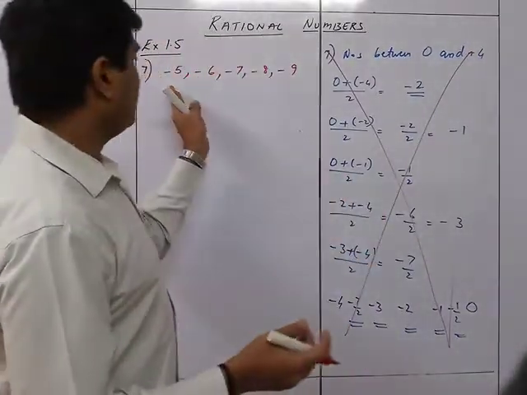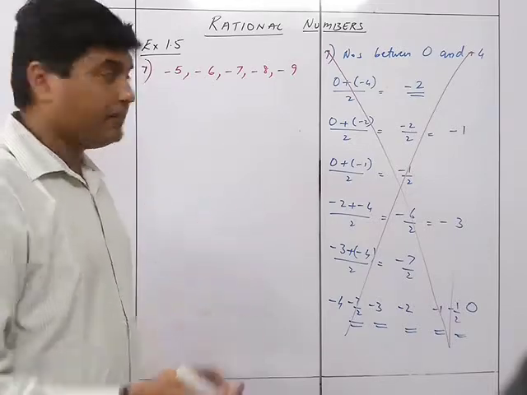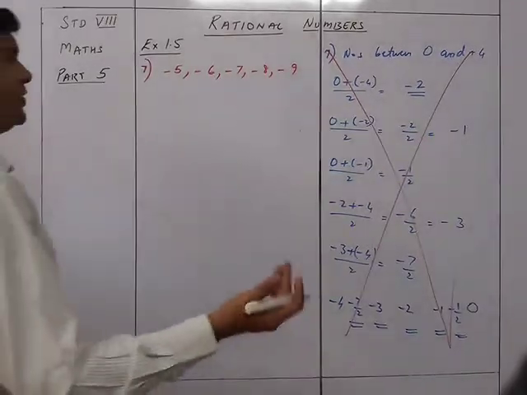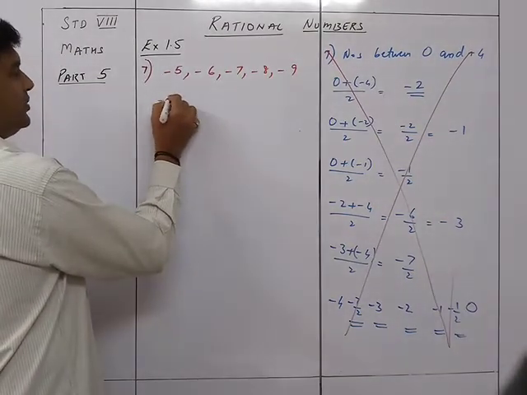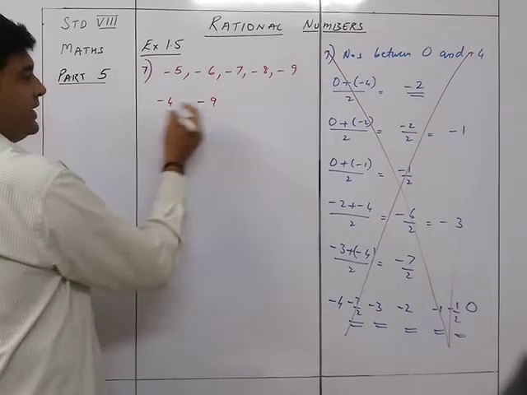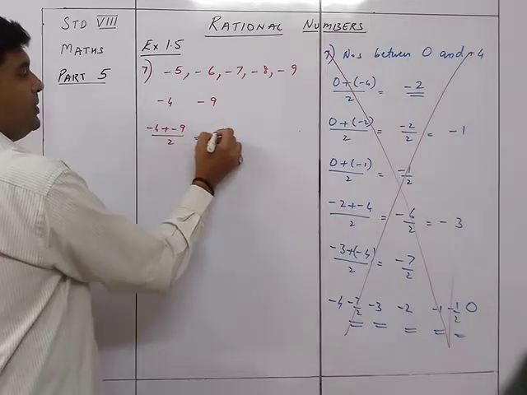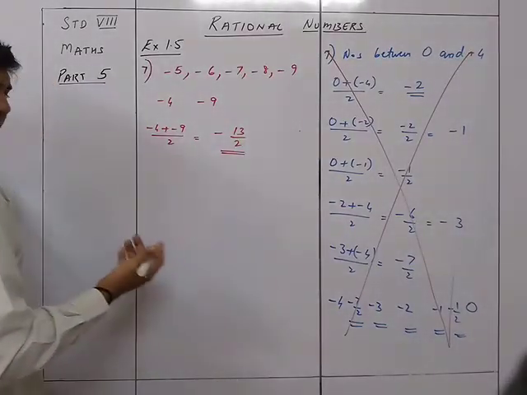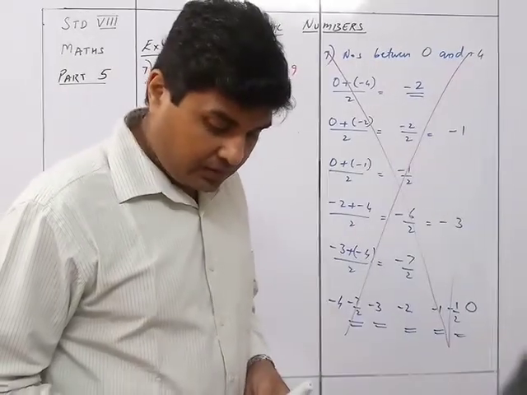Any number on the negative side beyond -4 will be smaller than -4. And if you want to find out, suppose I take it between -4 and -9. Then -4 plus -9 upon 2 is -13 upon 2. So this is one of the answers. It's your choice.